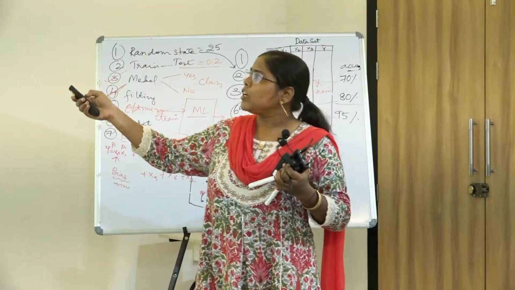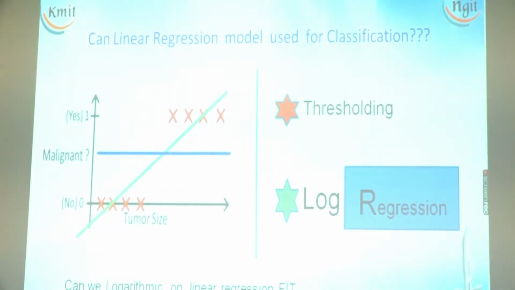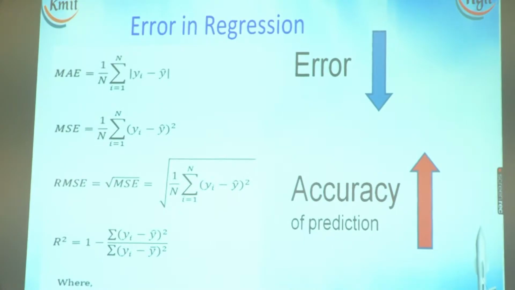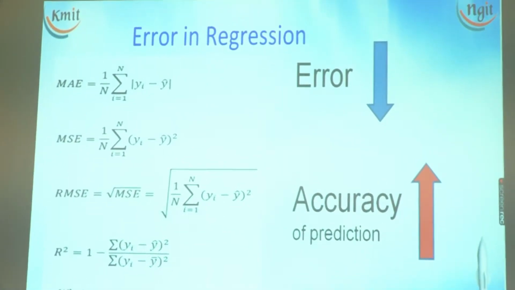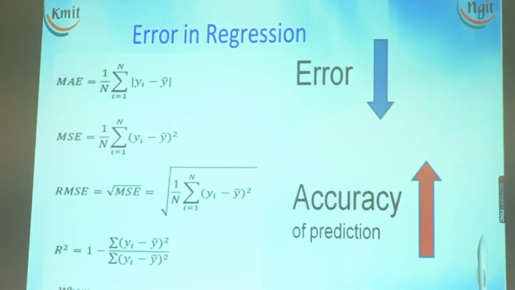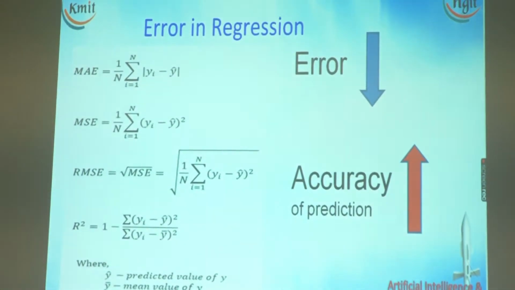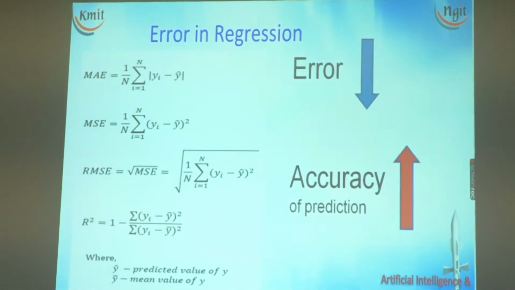Yes. Now, when we talk about error in regression, how do we have to calculate error in regression? What are the formulas we have? Okay. One more important point I need to cover here.